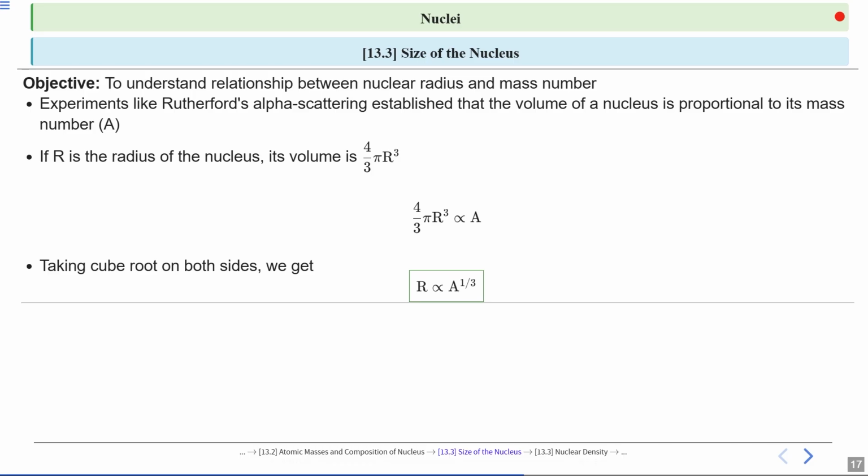If we take the cube root on both sides of our proportionality, we find that r is proportional to A to the power 1 by 3. This means that if you increase the mass number by a factor of 8, the radius doubles. So the nucleus gets bigger as you add more particles, but not as quickly as the mass number increases.